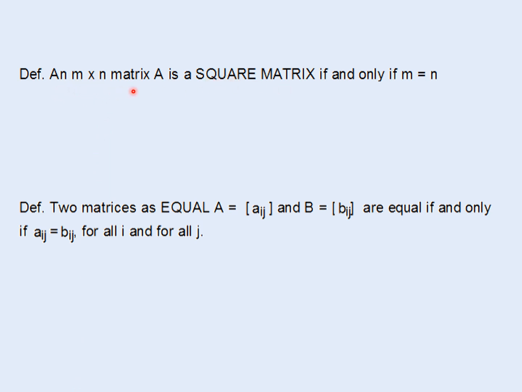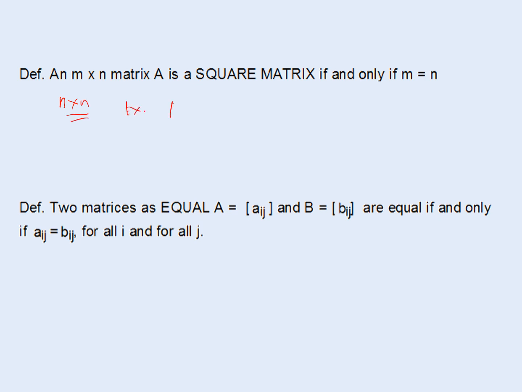We now define a square matrix. An M by N matrix A is a square matrix if and only if M is equal to N. That means that the number of rows and the number of columns are equal. So we can write matrix A as an N by N matrix.